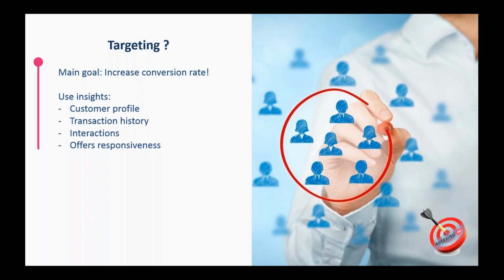The tricky part here is that you need to combine and deliver your messages with the data and intel you gather from your consumer. Speaking of intelligence, you already have a lot at your disposal in your IT environment, and especially in Maxine. You know the customer profile, the transaction history, and the interactions. I'm talking here about mobile application usage and events that you send to Maxine when you do the integration part of the solution.